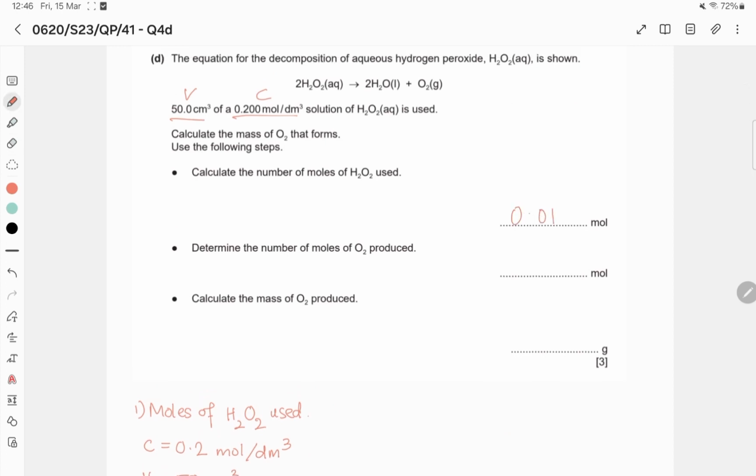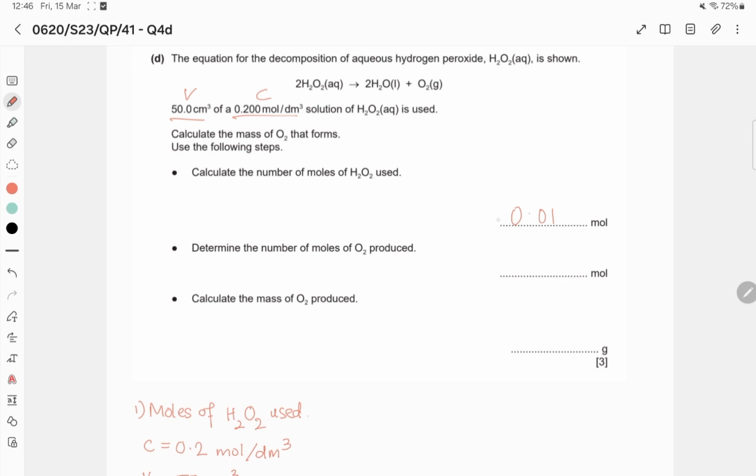For the next part of the question, we need to find the number of moles of oxygen produced. For that, we will use the equation and use the mole ratio. So, from the equation, we can see that 2 moles of hydrogen peroxide produced 1 mole of oxygen. And here, we could see that 0.01 moles of hydrogen peroxide was used.